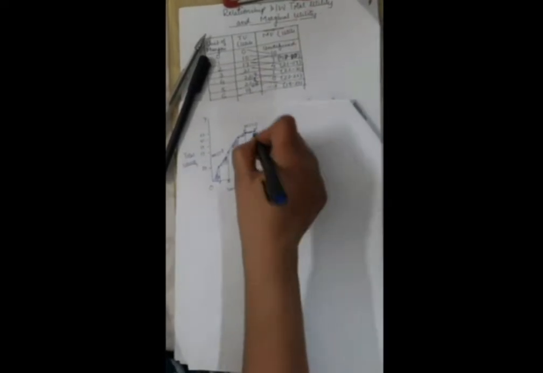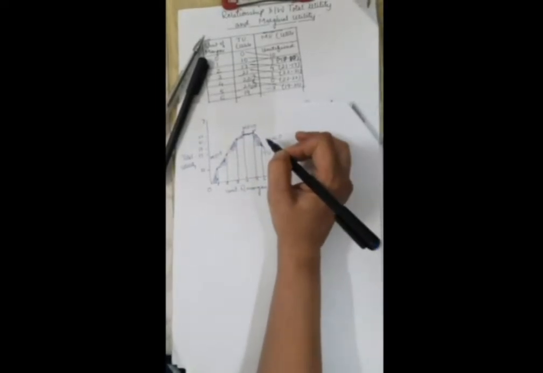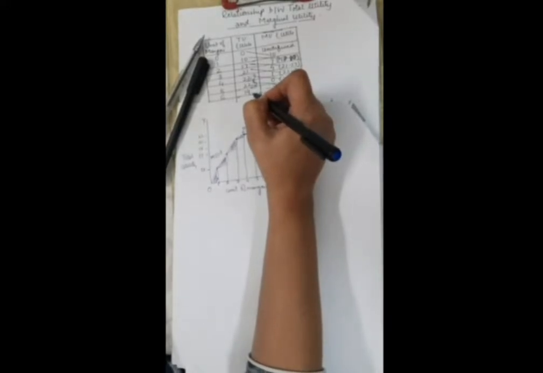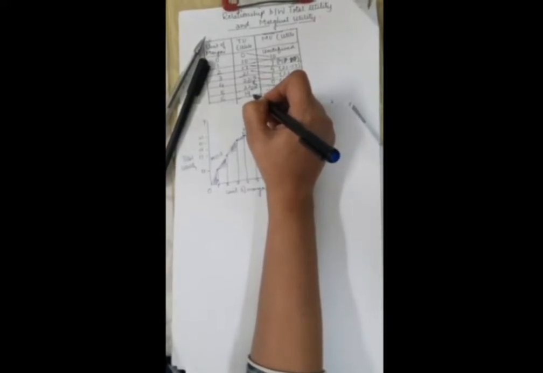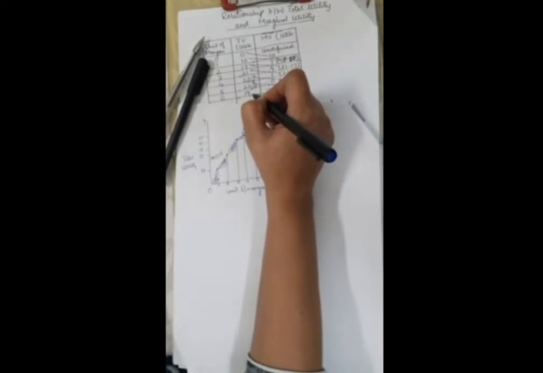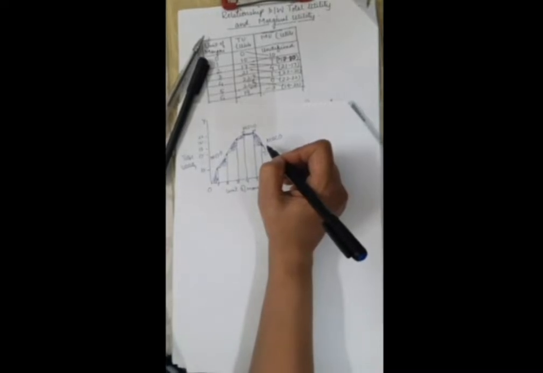After N, this is N, after N the TU curve slopes downward, and that is shown in the table also, that the satisfaction has started to fall, it has become 19 numerically. Alright, then indicating a decrease in total utility.